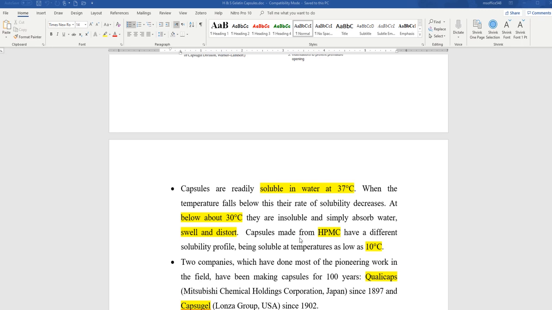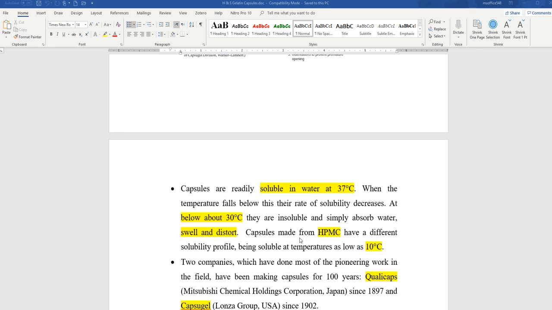or vegetable capsule shells. Previously we said that we make gelatin capsule shells from, or we get gelatin from what? From the skin and the bones of animal. Sometimes we may use the bones of bovine, which is cows. But in any way, we are using it from animal and usually pork.